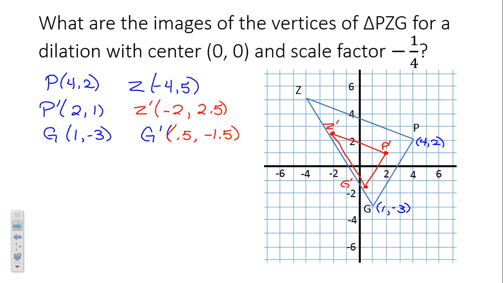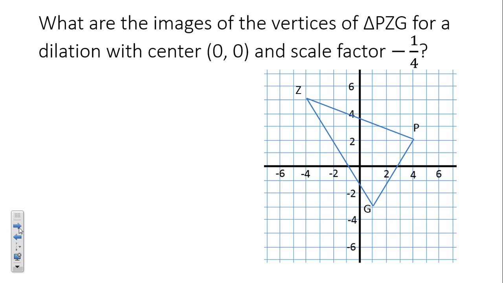One more thing they can ask us to do. You can throw a negative into it. So when we throw a negative into it, Peyton, what's my point P's values here? Or what's my coordinate for P? 4, 2. So what's my new P going to be?